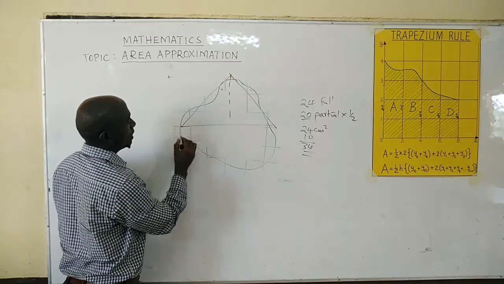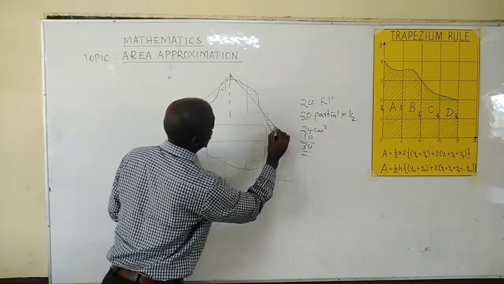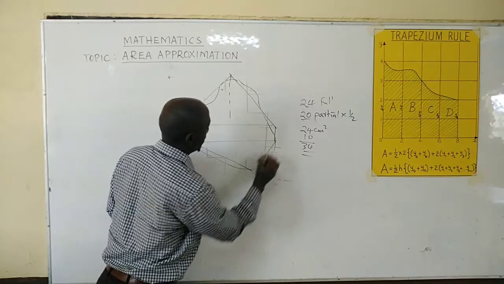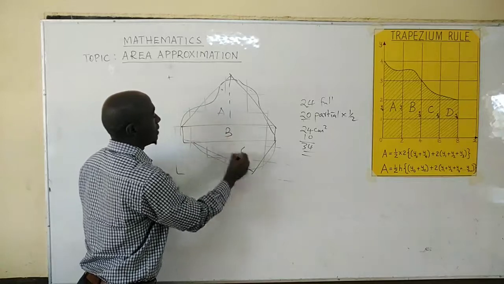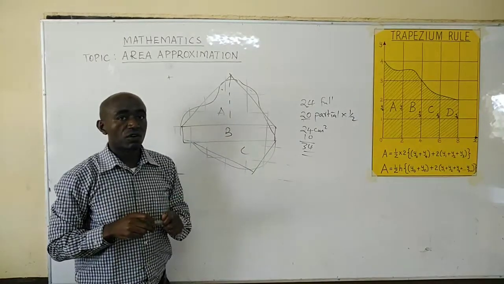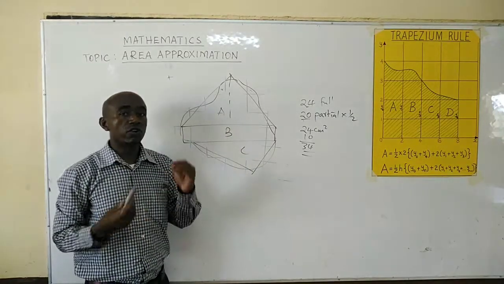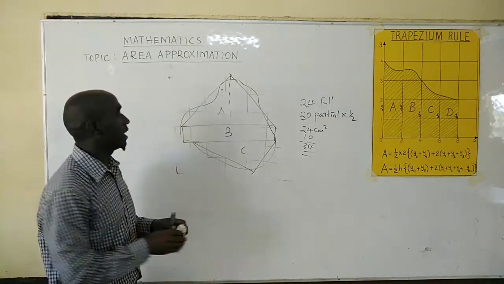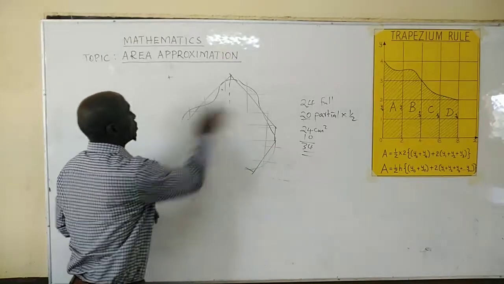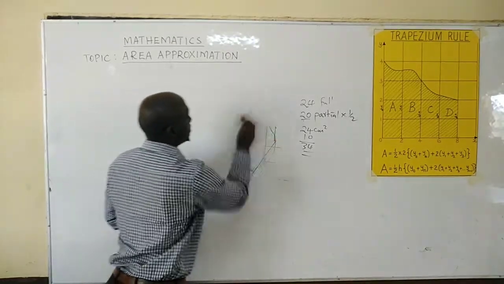We are just estimating maybe a rectangle, another triangle here, something like that. And then you find the area of those three shapes. For those shapes you already know the area, so you can estimate the area of that irregular shape that way. But for today I'm not going to dwell so much on that.